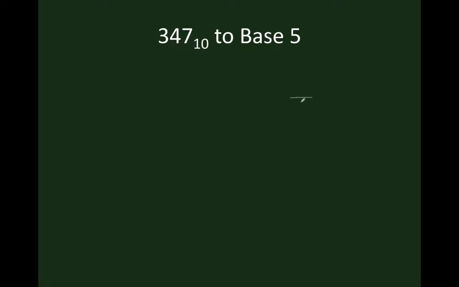That would be 5 to the 0 place. And I'm going to go to the next one. I know there should be some 5s in there. That's 5 to the first. I don't know how many would be appropriate here yet. What I'm doing is working my way to the left, thinking about the largest power of 5 that would not be bigger than 347.